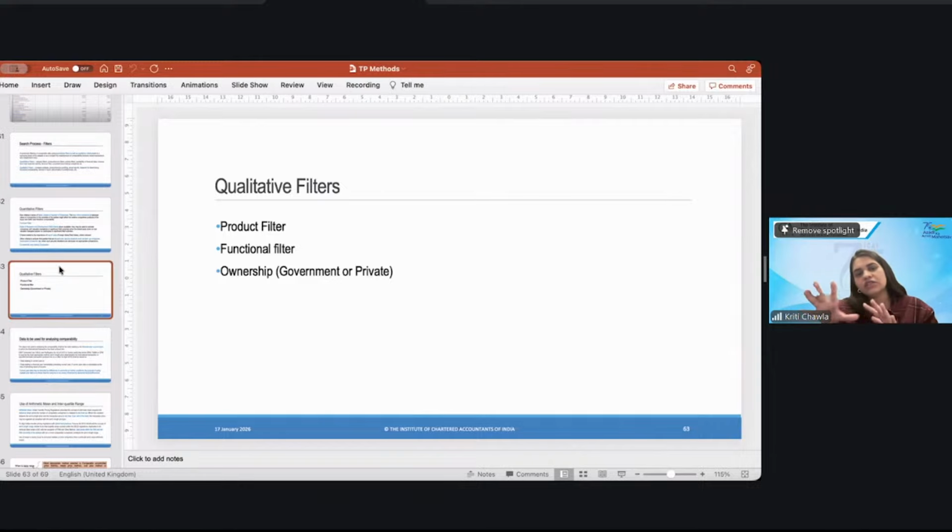So what we're really trying to do using qualitative filters is get them very close in terms of product also. They're all in the automobile sector, but is the kind of manufacturing that they are doing very closely associated or not in terms of the product? This is what we're really trying to do. So this is a manual process that we do in terms of qualitative filters.